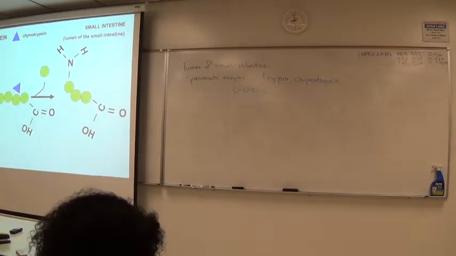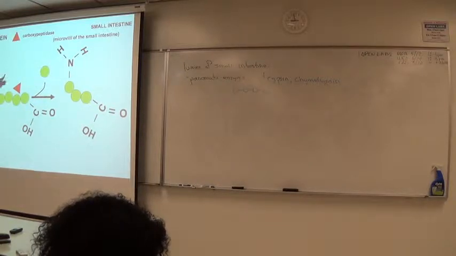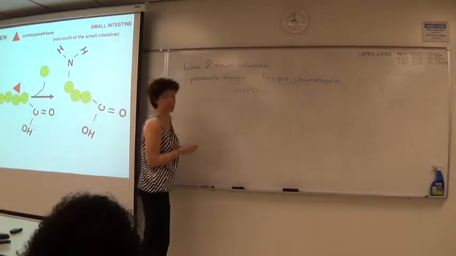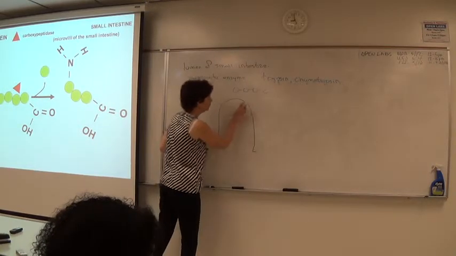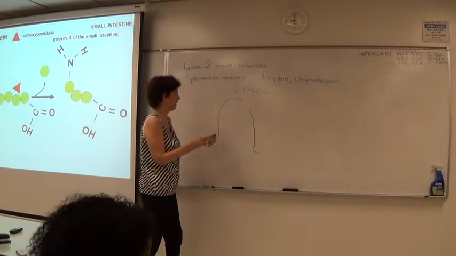Notice they have a nitrogenous end and a carboxyl end, an acid end. And when we look at carboxypeptidase, if it is made by the small intestine, it is also similar to sucrase, going to be found in the plasma membrane of the microvilli.